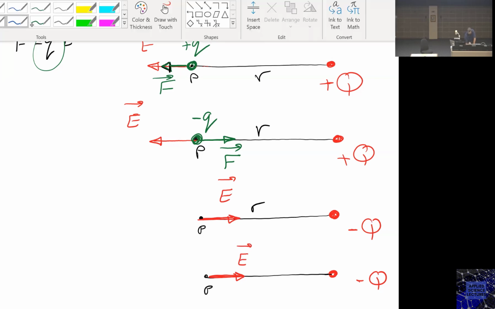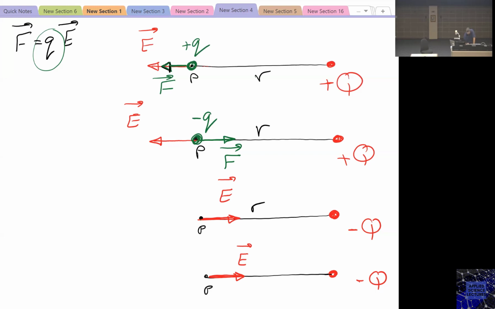Then I brought now my small letter q and I put it here. One of them is positive and the second one is negative.